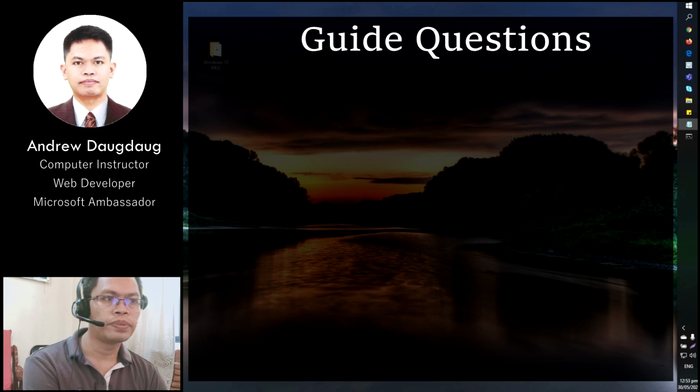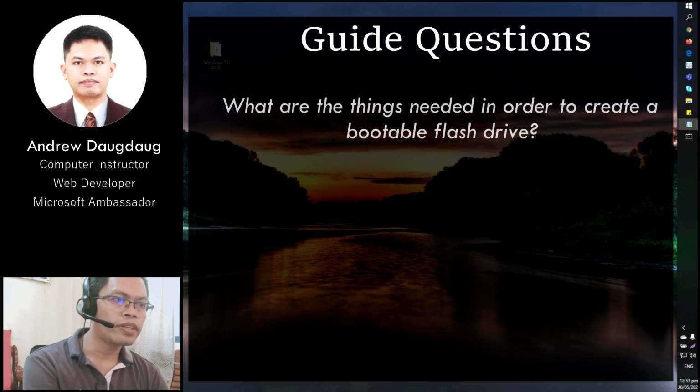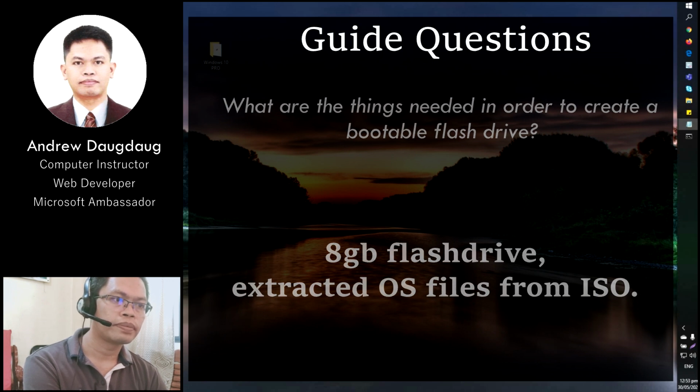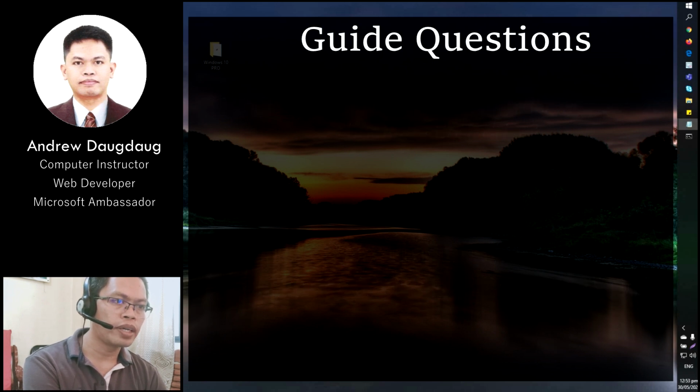Question number 2. What are the things needed in order to create a bootable flash drive? Answer. An 8 GB flash drive, preferably 2.0, and extracted OS files from an ISO file. Number 3.